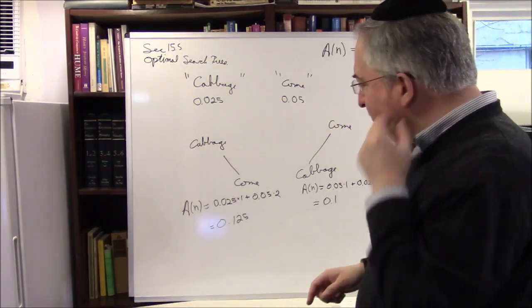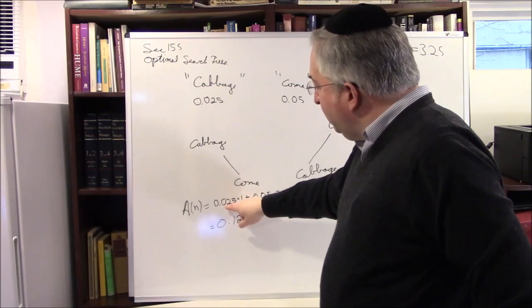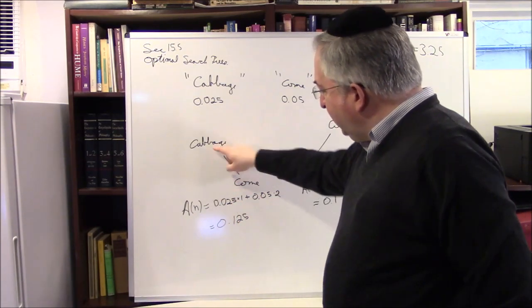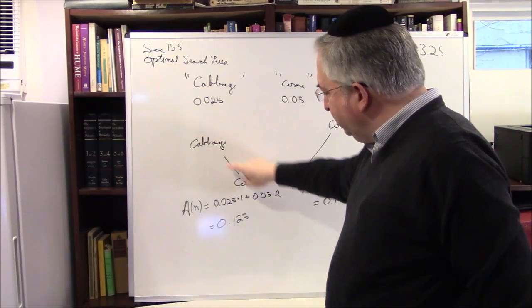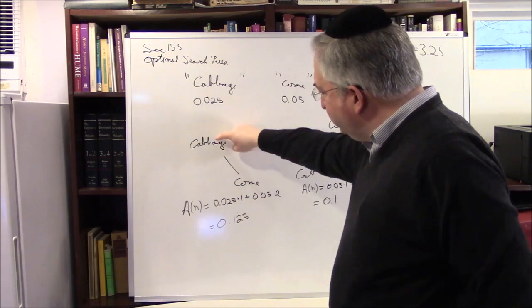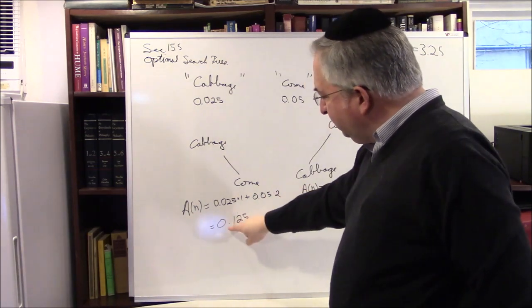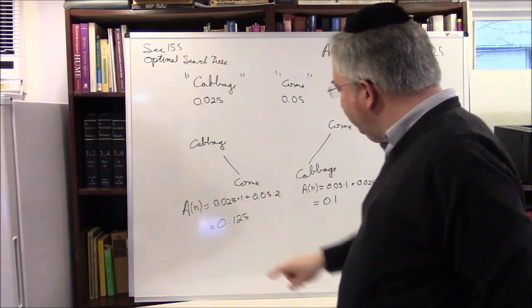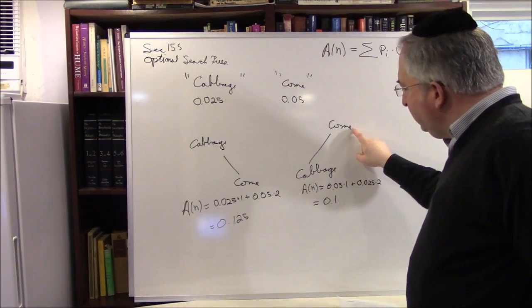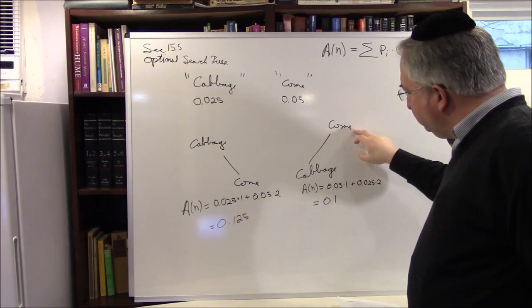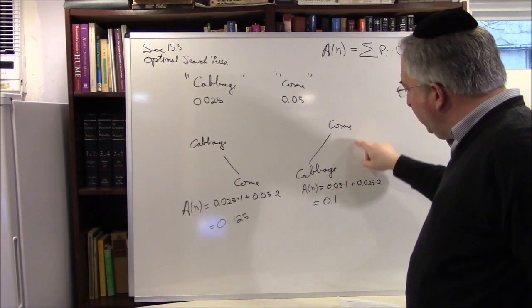The average amount of work here is the probability of cabbage times 1 operation, plus the probability of cum, which is 2 operations. You multiply that out, you get 0.125. As opposed to that, cum is 1 operation, it's 0.05, 1 operation.